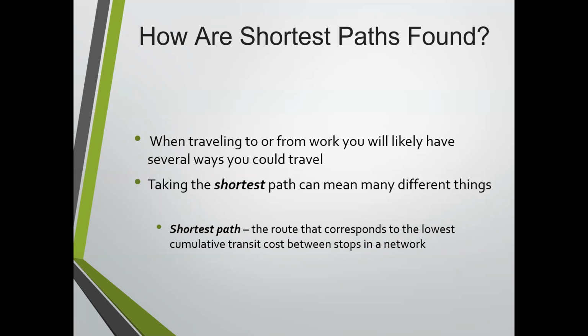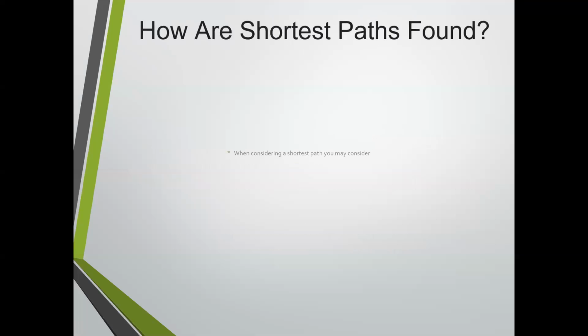The shortest path might correspond to the lowest cumulative transit cost between stops in a network. When we talk about transit costs, these are things like distance versus time versus velocity versus whatever. You can have a lot of different things, but you can have a cumulative measure that gives you scores based on that.